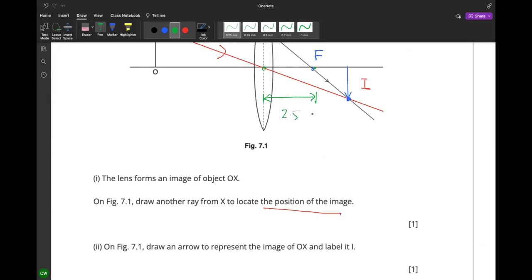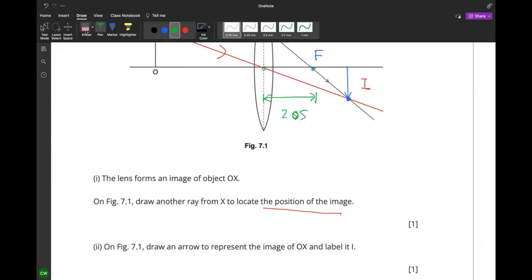2.05. Do all of you get the same thing? 2.05. You can read until 0.05. Normally it's difficult to read until 0.05. 2.0 will do.